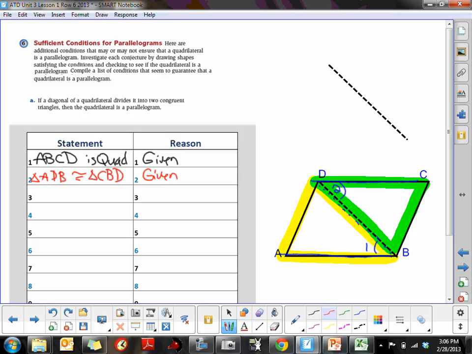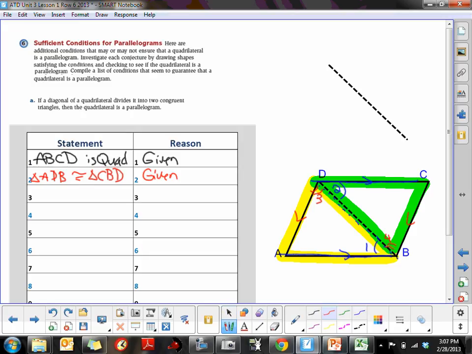So they are alternate interior angles, and since they are congruent, the lines will have to be parallel. The other angles, angles 3 and 4, are also congruent because they are corresponding parts of congruent triangles, but they form the other alternate interior angles that force AD and CB to be parallel. So therefore, this has to be a parallelogram because the opposite sides are parallel.